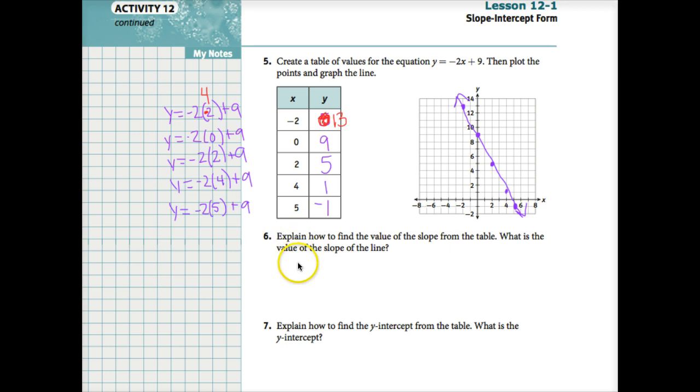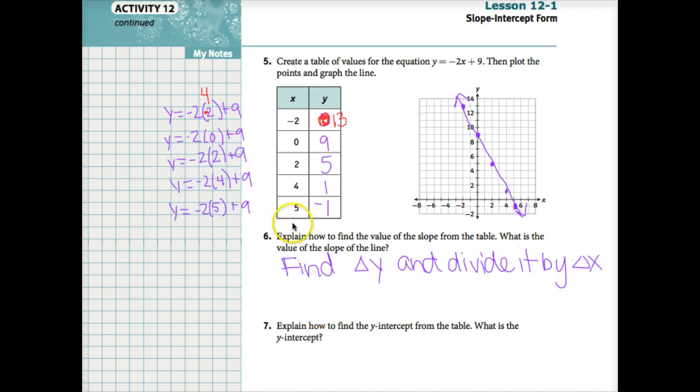Now, number 6 asks you to explain how to find the value of slope from the table. So this is review. We already know what the slope is. Here we're trying to make connections between what we already should know and what we're talking about now with y = mx + b. Remember that when we want to find the value of slope from a table, we need to find delta y and divide it by delta x.